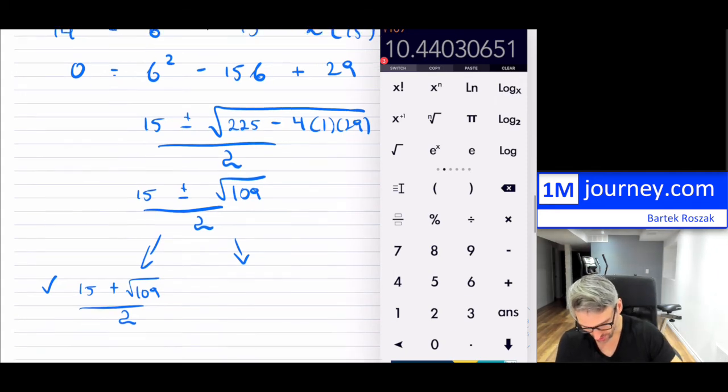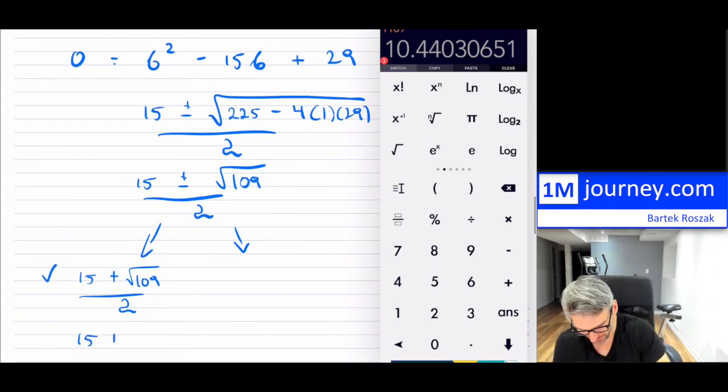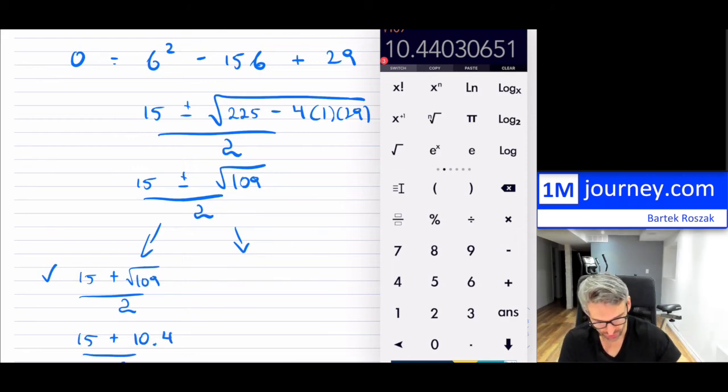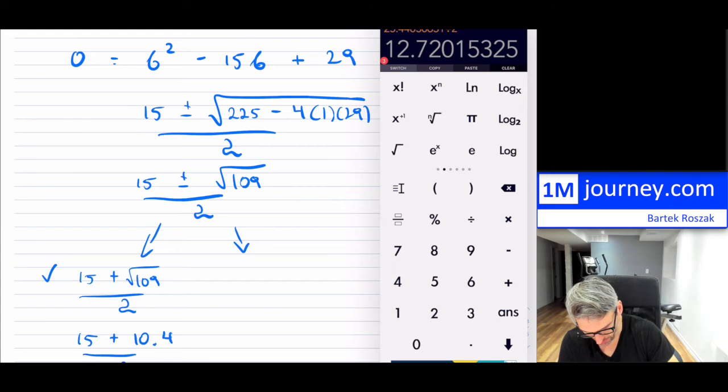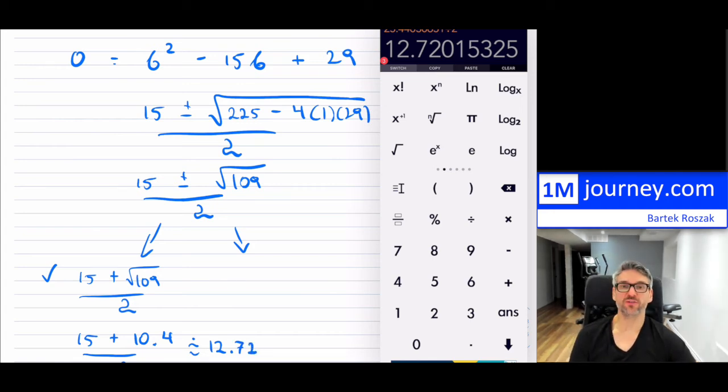So 15 plus approximately 10.4, divided by 2, is about 12.72. So that would have been the length of that side B, so that we have at least one solution.